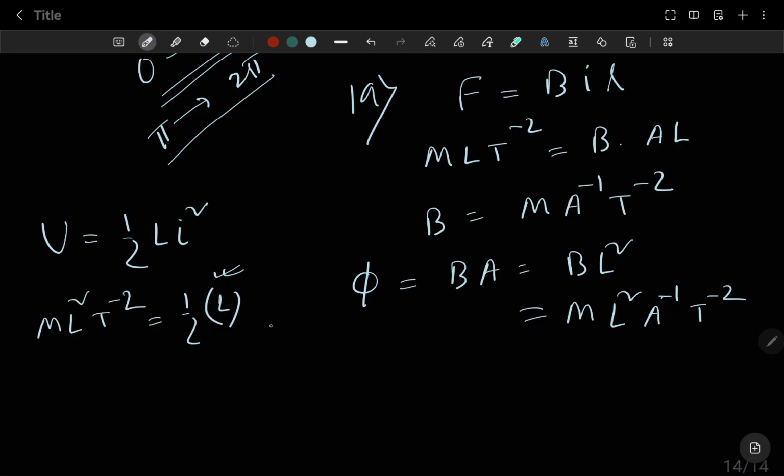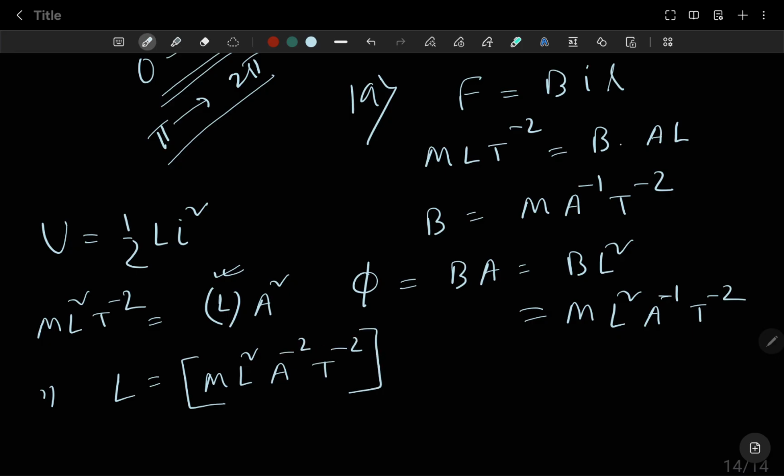And I, that means A square. Half you do not have to write in the dimensional equation, it's a constant. So the dimensional formula of L will be M L square A to the power minus 2 T to the power minus 2.